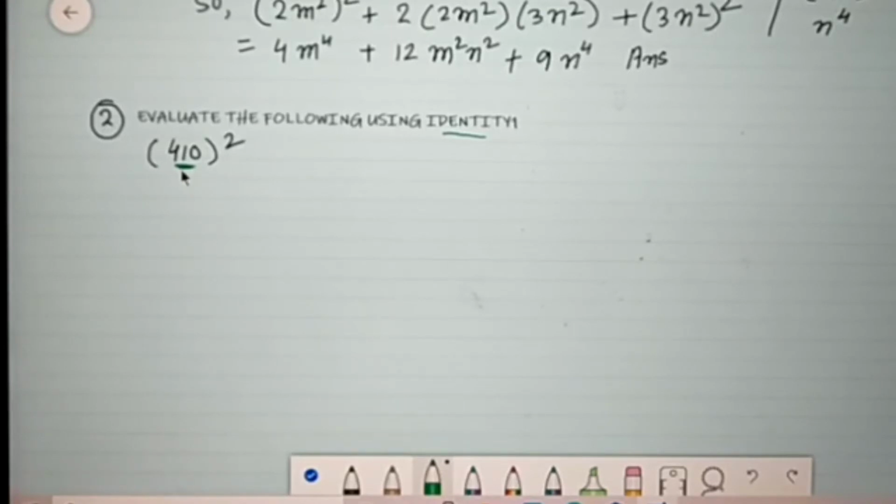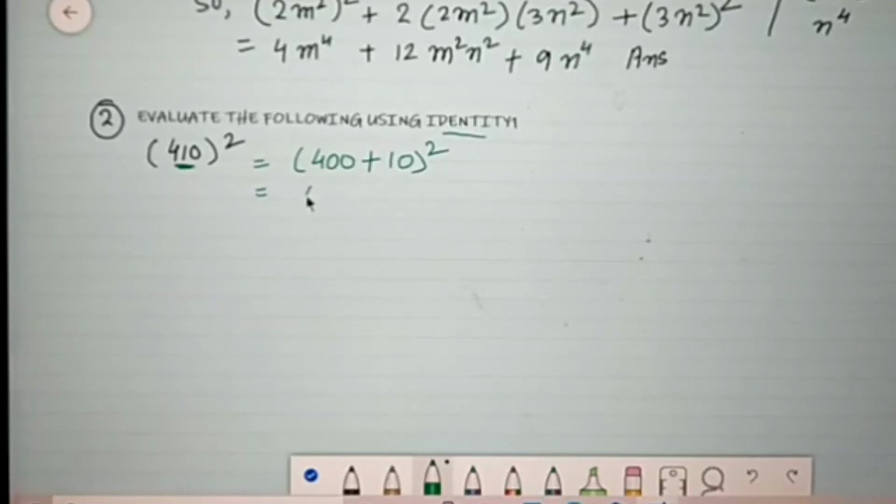So what would be easy for us? We can write 410 as 400 plus 10. By writing this our calculation will become easy and we can expand using identity 1. So we use the formula (a + b) whole square, that is, first term plus second term whole square.